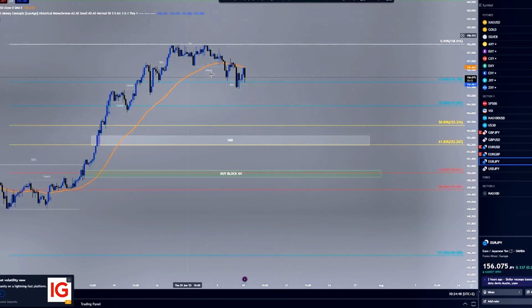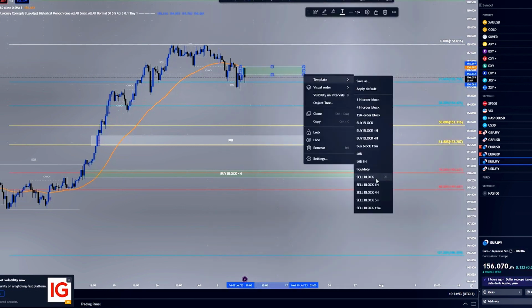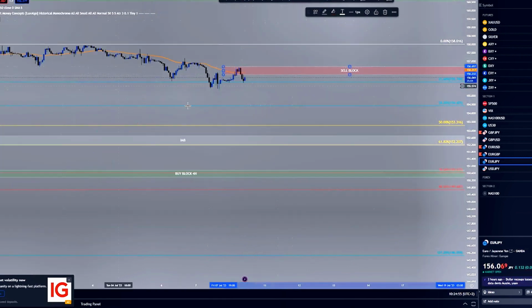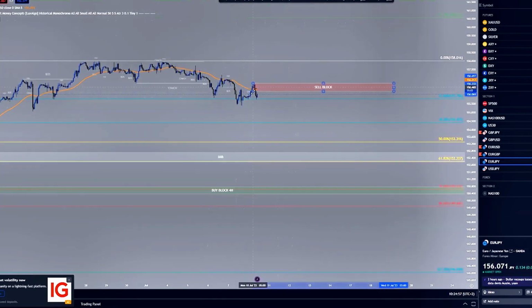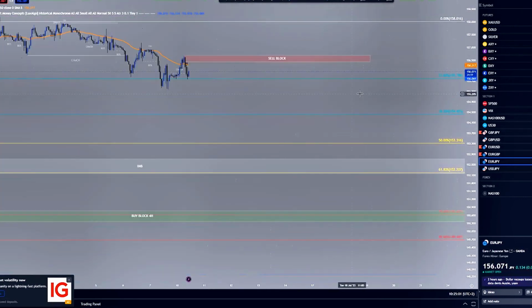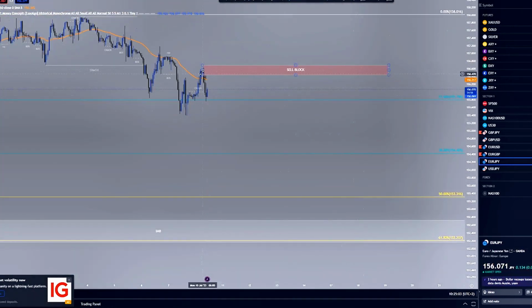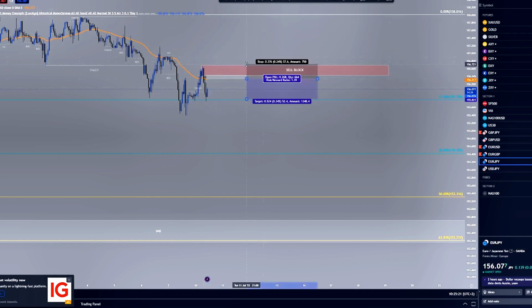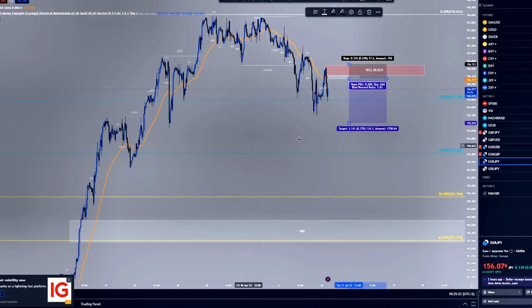I think it will come. And you see, if we go on the 1 hourly, we have the sell order block here, and then on the 4 hour, there's another one here. Now I'm going back to the way I traded before. We have the sell block, and then we have the imbalance right here. What does that mean for us? We want to wait until it comes back to this area, and then we can put our stop loss here, and then we can target.